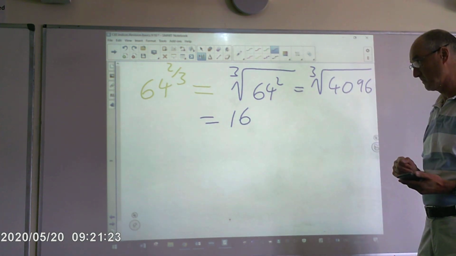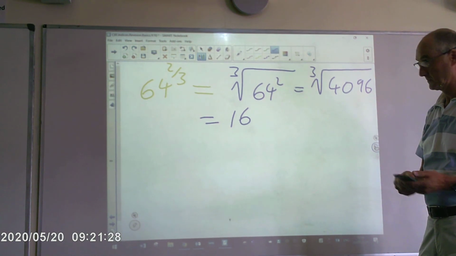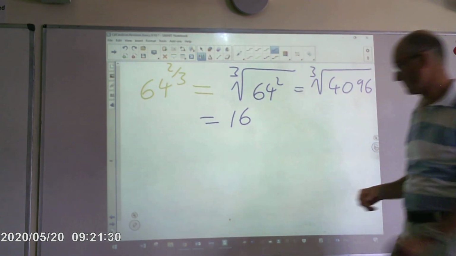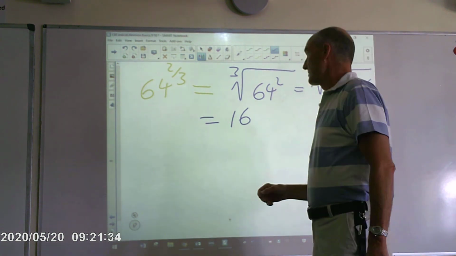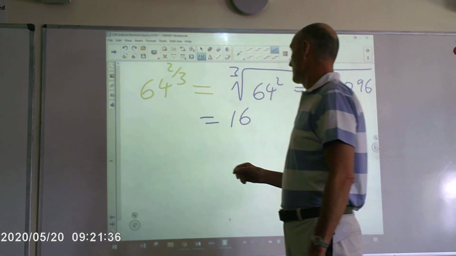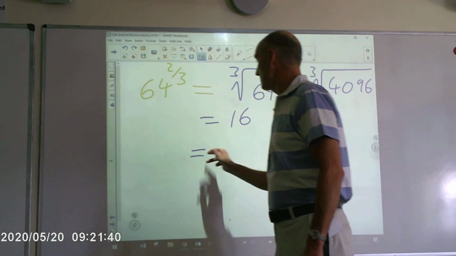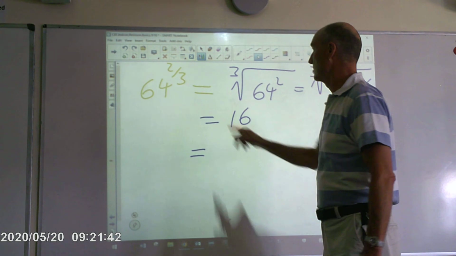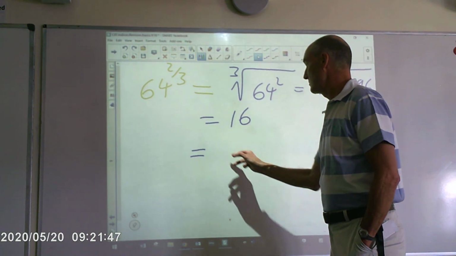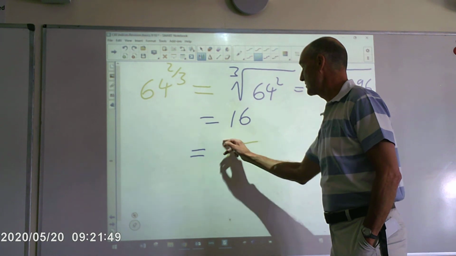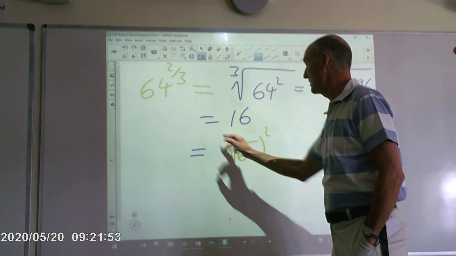Let's do it the other way around. So if we take it the other way around, we could say the cubed root of 64 and then square it.